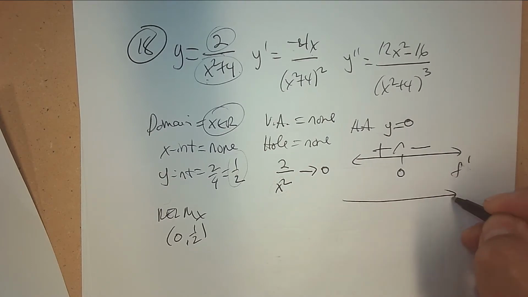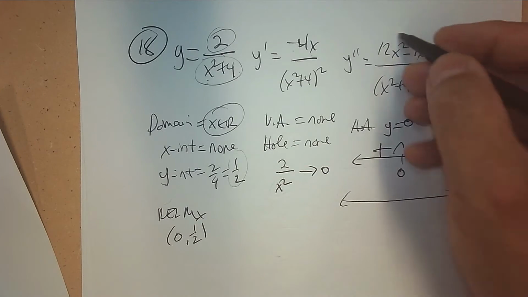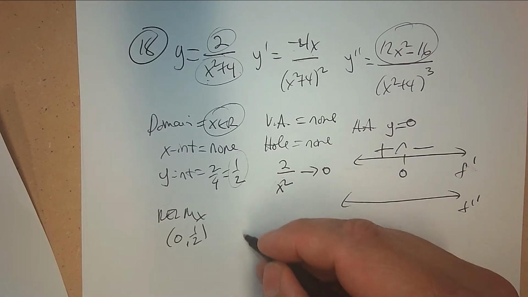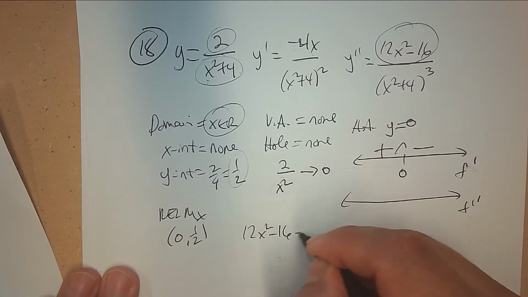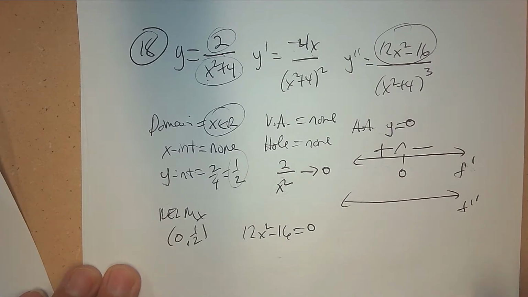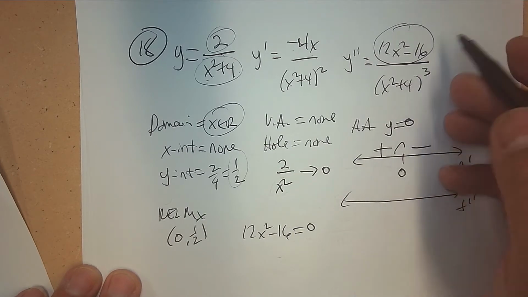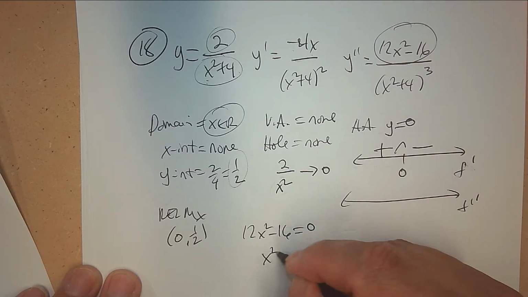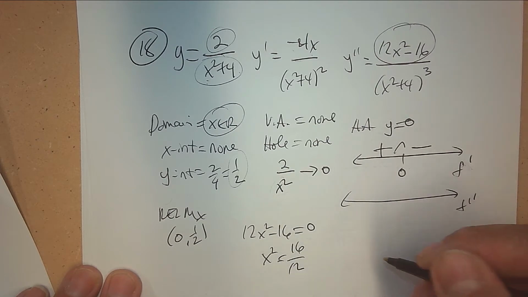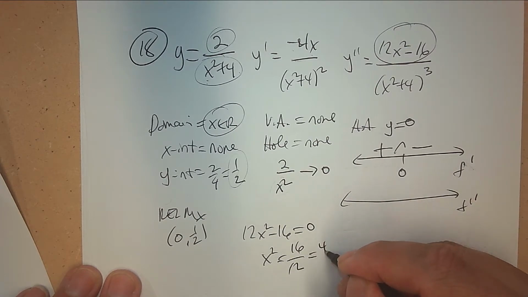Second derivative number line. Notice the top here is a little more complicated, so I'm going to write it down. 12x squared subtract 16 equal to 0. Notice the bottom can't be 0, so it's just the top. Get x squared by itself. So add 16, divide by 12. That's 4 over 3.